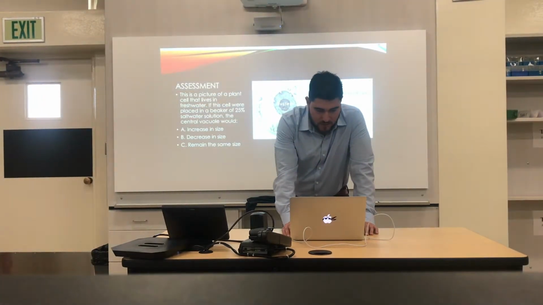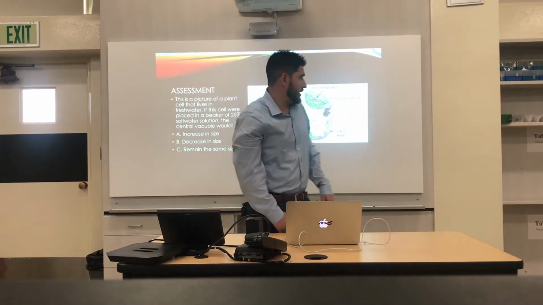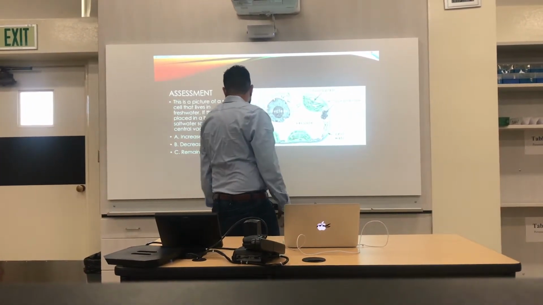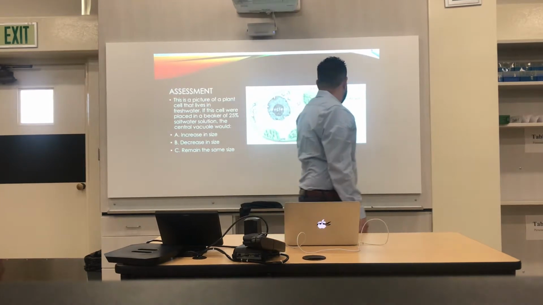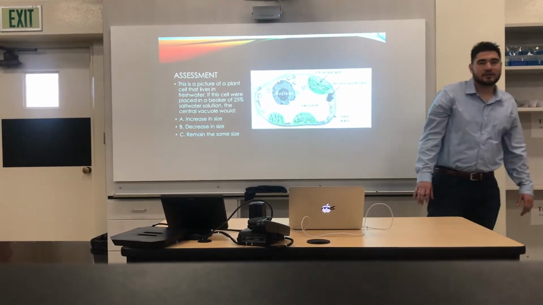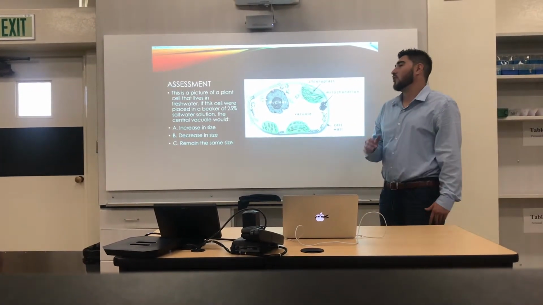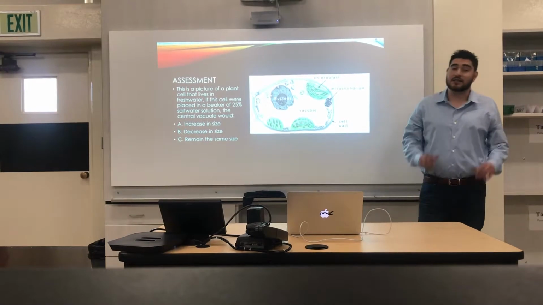So, I've got a question for you guys. Here we have a picture of a plant cell, and it normally lives in fresh water. If I were to take this cell and place it in a beaker of 25% salt water solution, that's a lot of salt water.